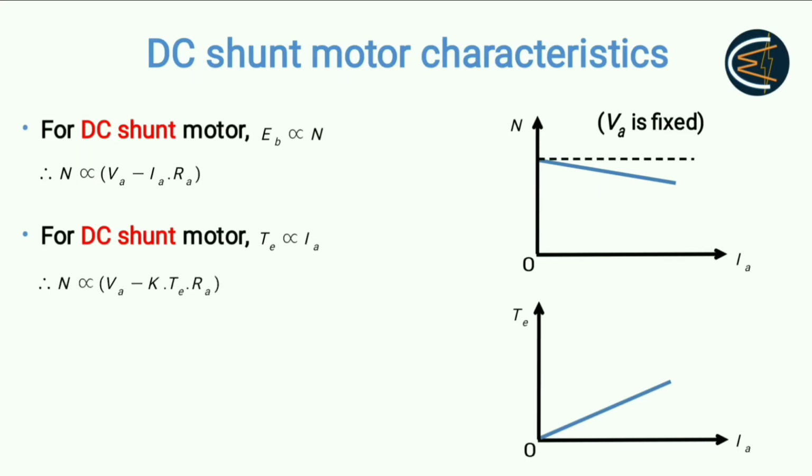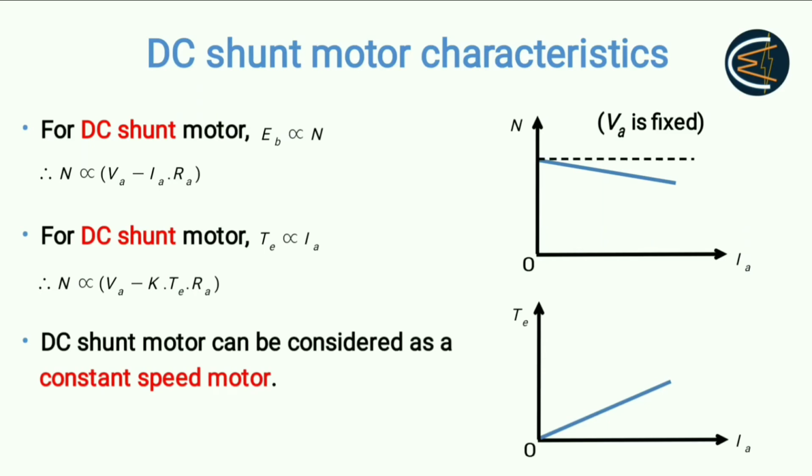So you will get this kind of expression. It is also an equation of a straight line. That means if you plot the speed versus torque curve, you will get the same kind of response, so the nature will be the same as the speed versus current graph.